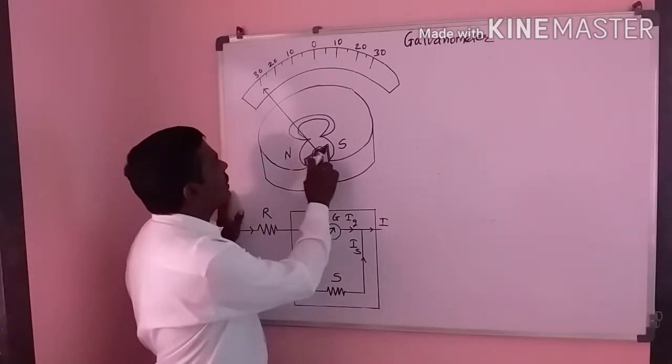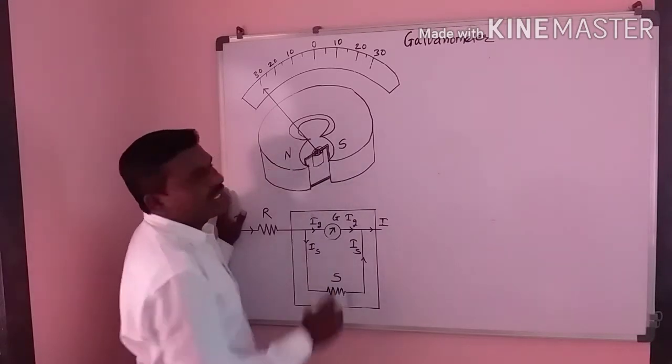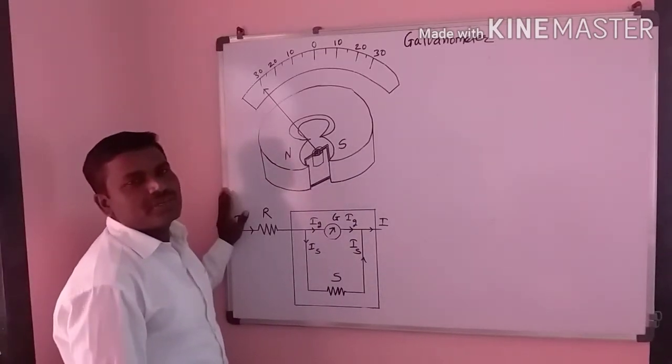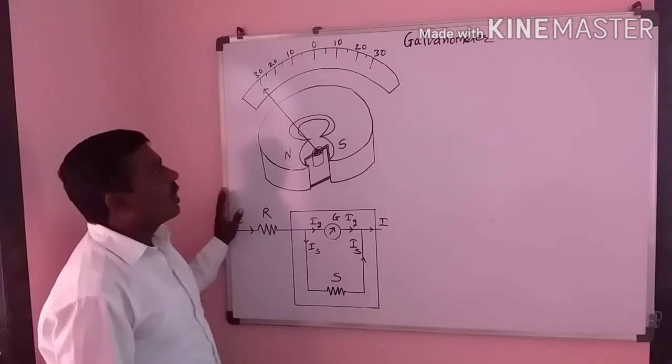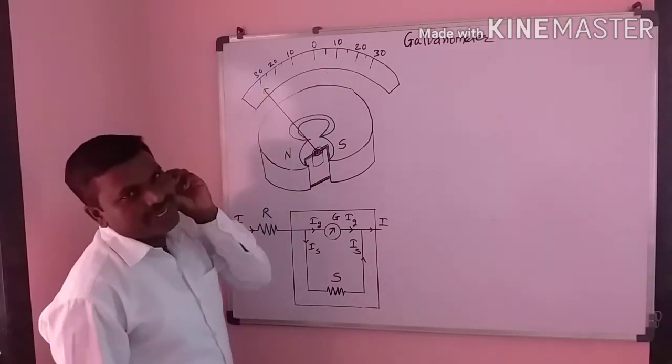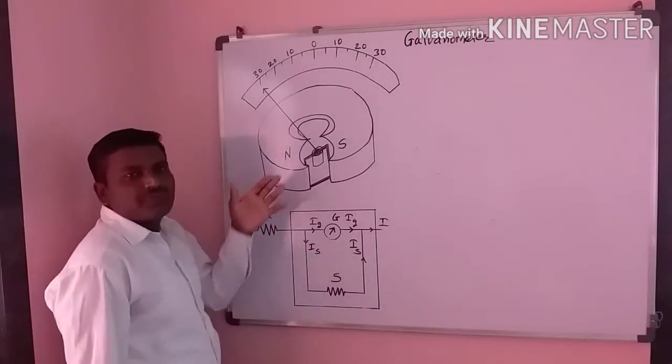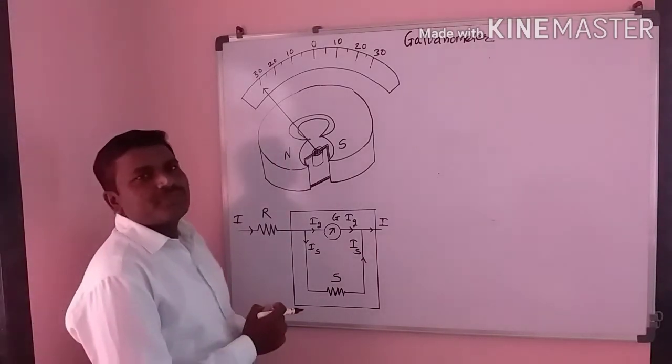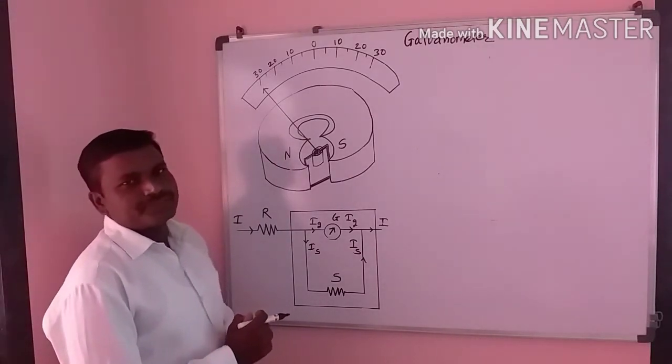When current flows through the coil, there is a deflection, and we measure the electric current in the circuit. On the screen there is a range given, and where the deflection is, at that time we measure the electric current in the circuit.